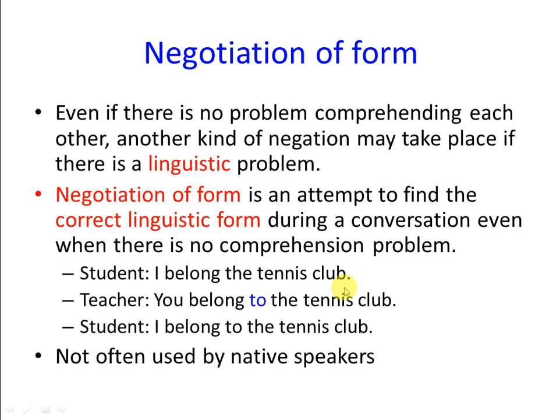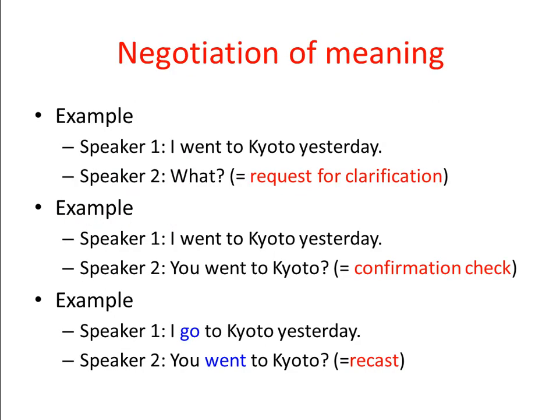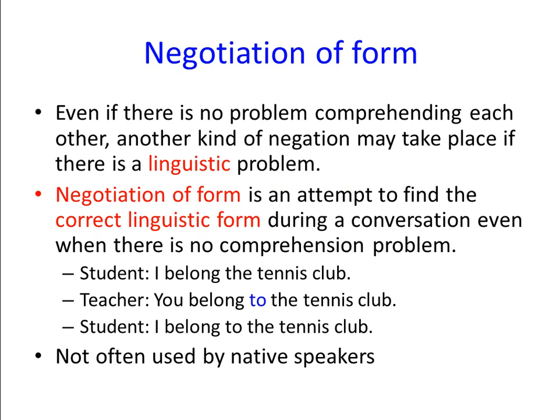So even if there is no problem comprehending each other, another kind of negotiation may take place if there is a linguistic problem. So here the problem is purely linguistic. The problem is not in communication itself. So communication is okay in this case.